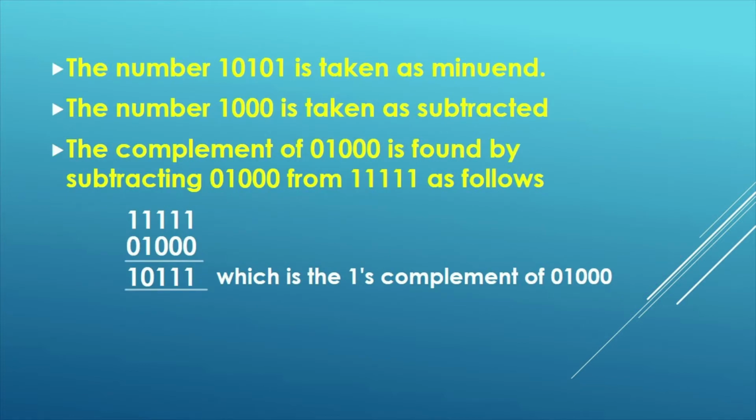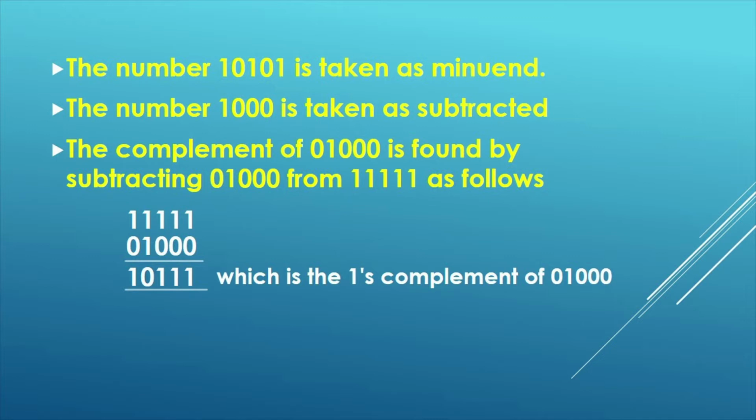Now let us take the example that we have and see how we can do the subtraction by the 1's complement method. The numbers are 10101, which we will take as A, the minuend, and the second number is 1000, which we will take as the subtrahend. To do the subtraction, we have to take the complement of the subtrahend. How do we get the complement?